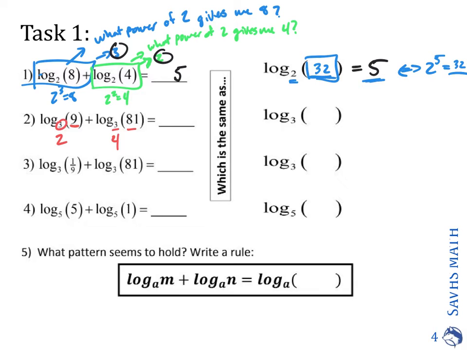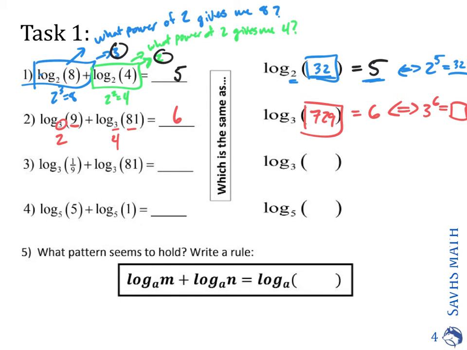So log base 3 of 9 is 2, log base 3 of 81 is 4, 2 plus 4 is 6. If I want the output here to be 6, that's the same sentence as 3 to the 6th equals the blank. So I just have to figure out what 3 to the 6th is. You can just Google it. 3 to the 6th power is 729.